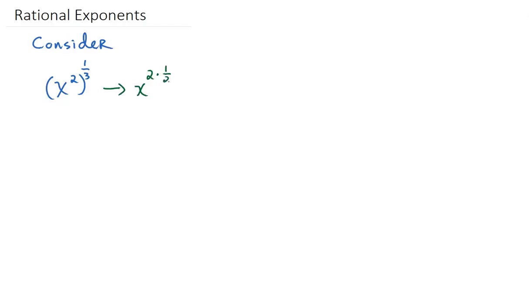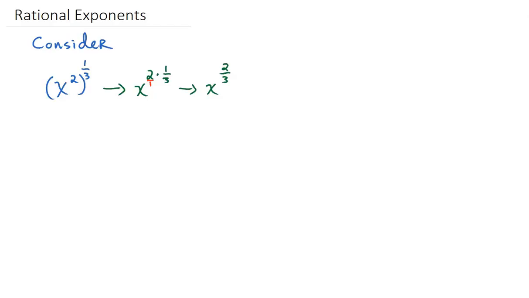So I take 2 times 1/3, and here it's important to remember that my 2 is considered over 1 in fraction land. And so when I multiply 2 times 1/3, what I get is 2/3. So in this case, it didn't simplify any because the numbers don't interact in a way where anything cancels out.